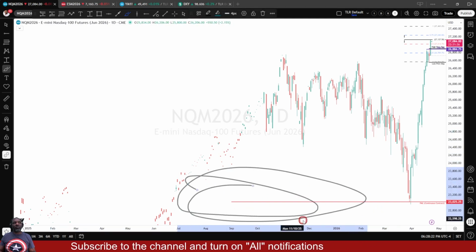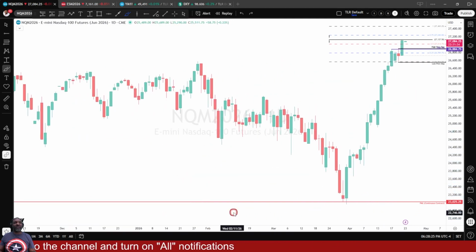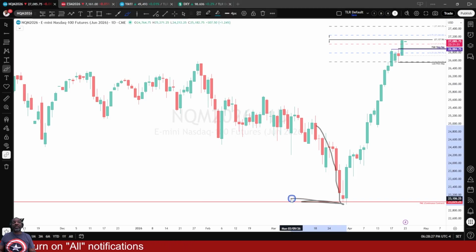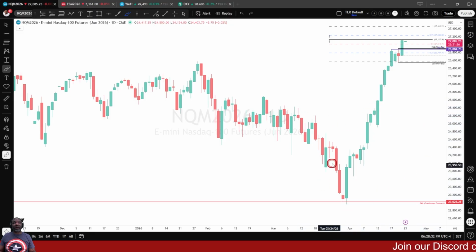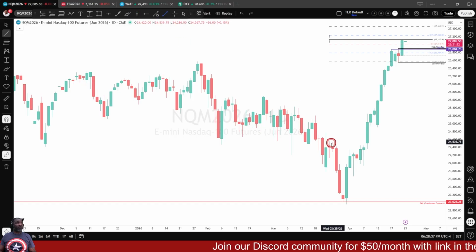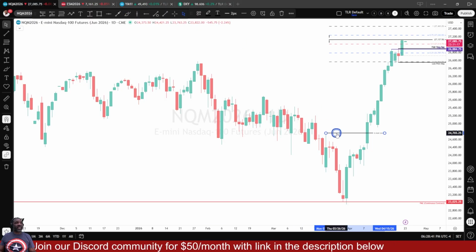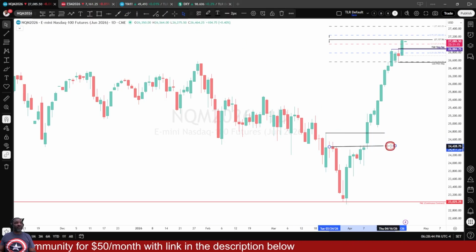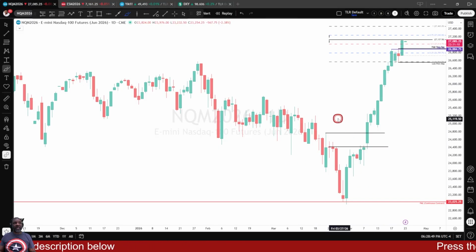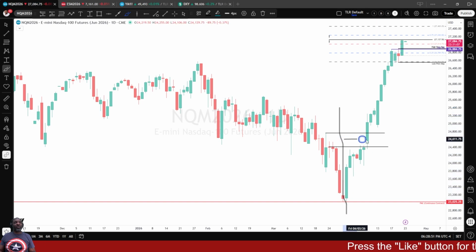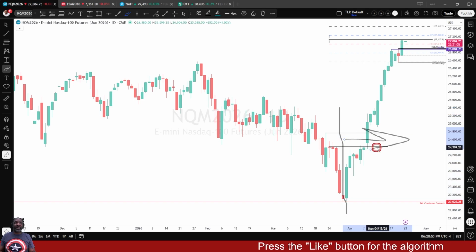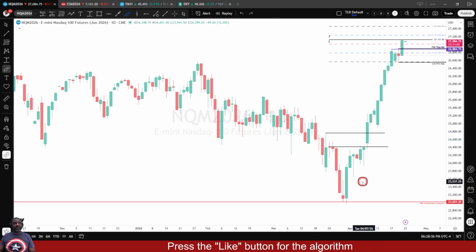So once we hit our level, we got our manipulation leg going into our level, and then we come up and we get our break in market structure, right? We got a break in market structure here, okay? We got our change in the state of delivery. So now we say we got our breaking market structure, we got our change in the state of delivery. So now we're saying we are on the right side of a market maker buy model, right?